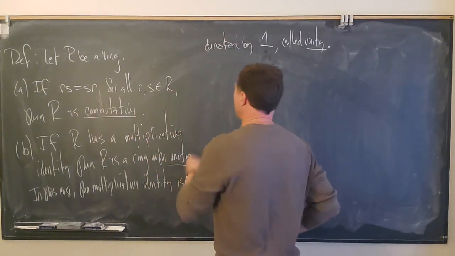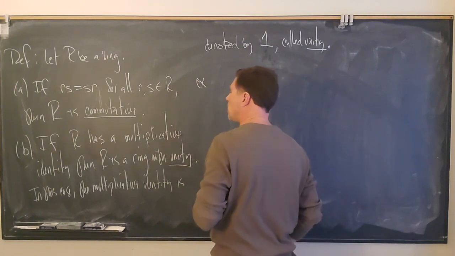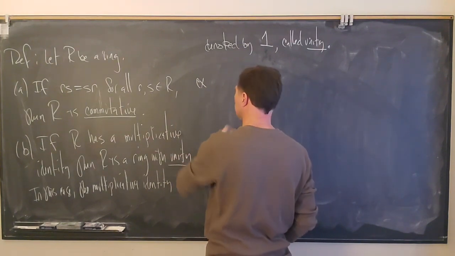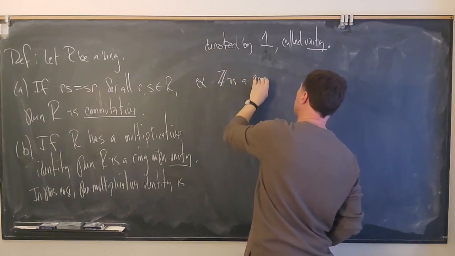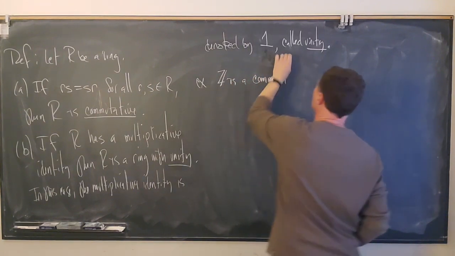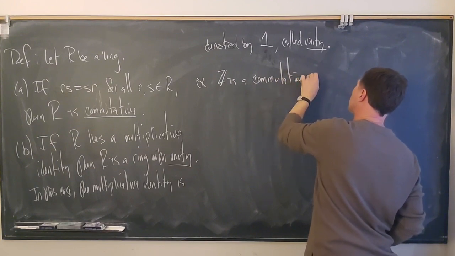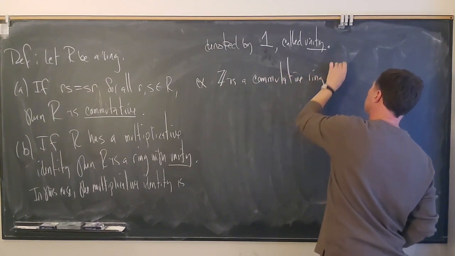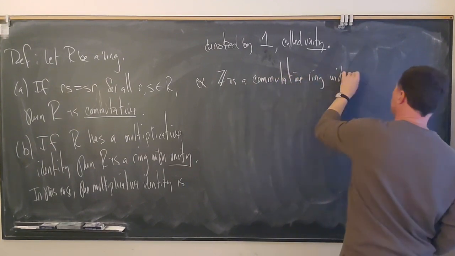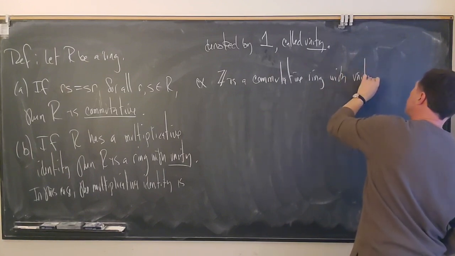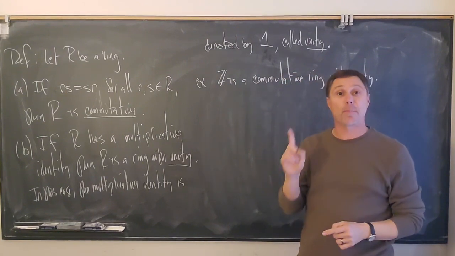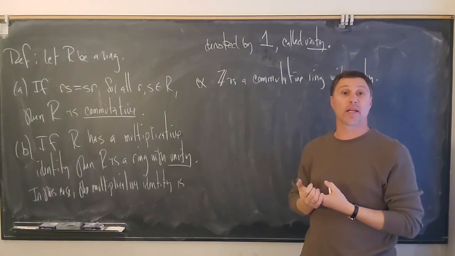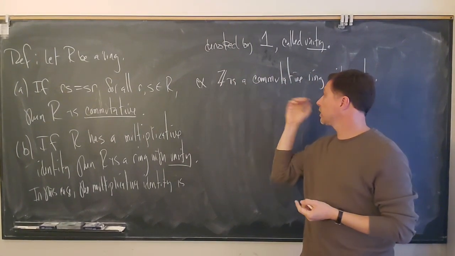For example, Z is a commutative ring with unity. Of course, we know when you multiply two integers, it doesn't matter what order you multiply, and the number 1 is the multiplicative identity. So Z is a commutative ring with unity.